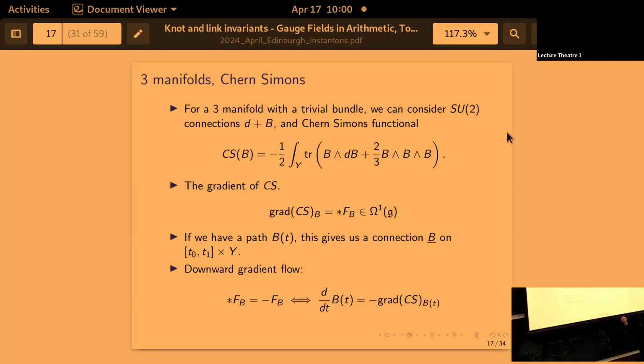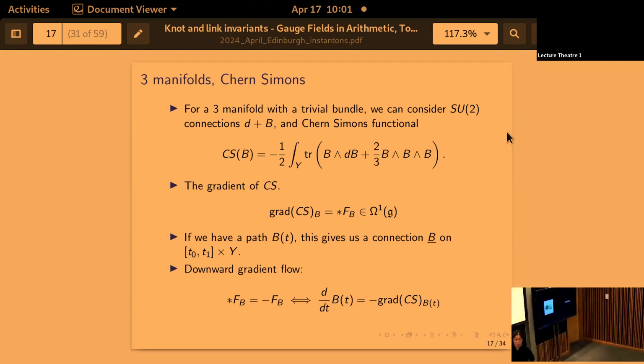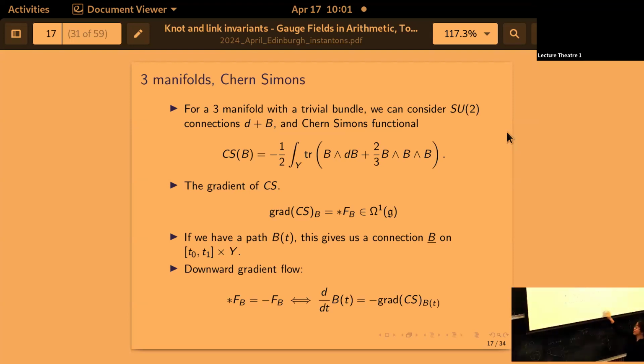But this B is a connection on 3 dimensions, but you can view it as a connection in 4 dimensions. If you have Y times R, and you have some B of t at each time, you can put those together into a 4-dimensional connection, and then this equation for the downward gradient flow is actually equivalent to being anti-self-dual.